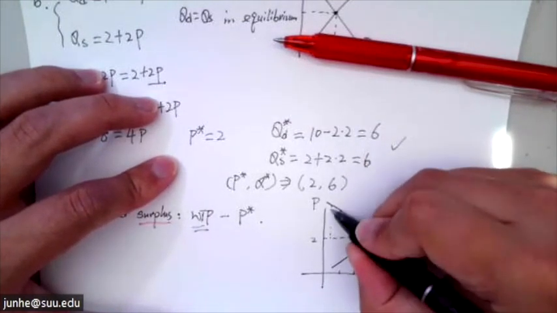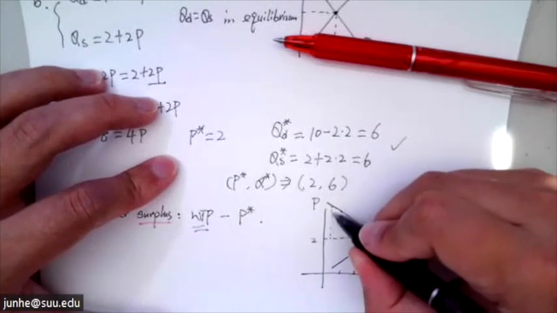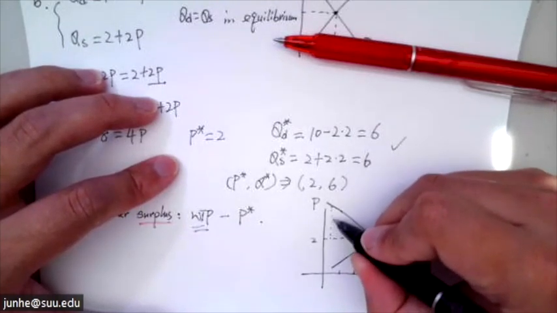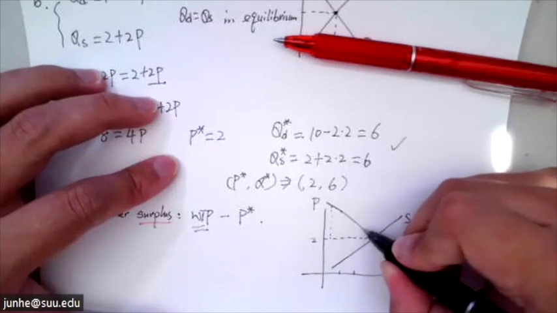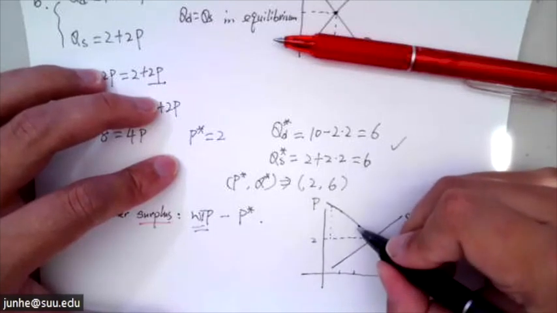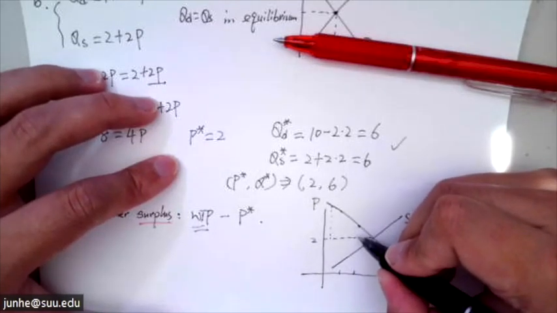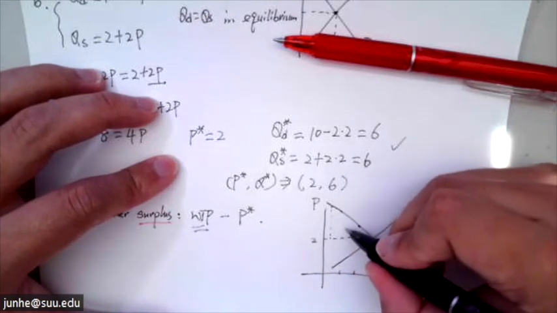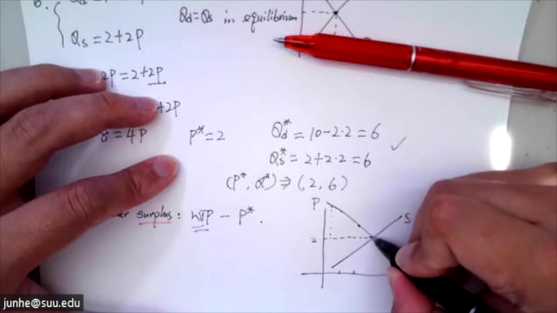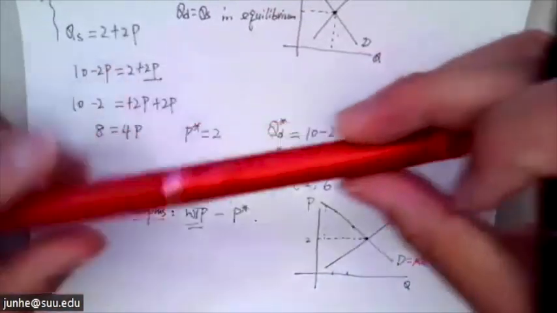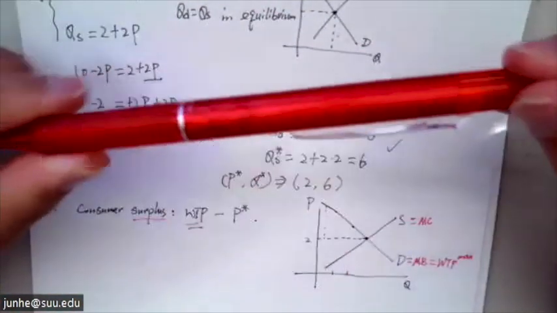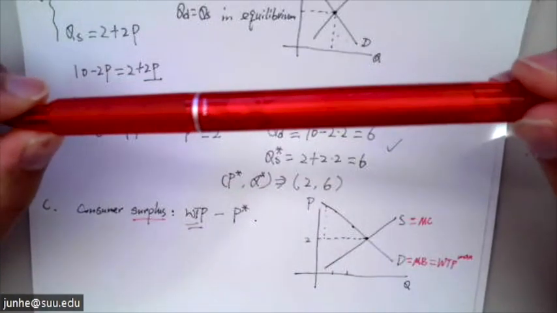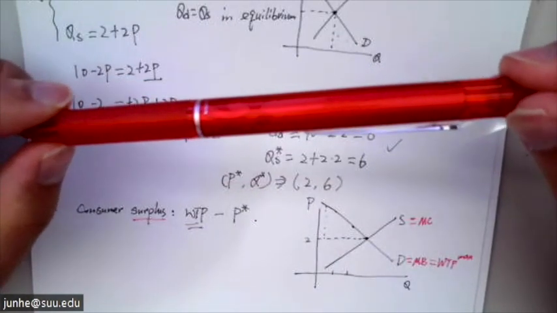So your surplus for that unit is 18, right? If you're here, you value this pen at $4 and the market price is 2, then your surplus is $2. And you keep going until this point where you are willing to pay 2, and you found this pen charged at 2.